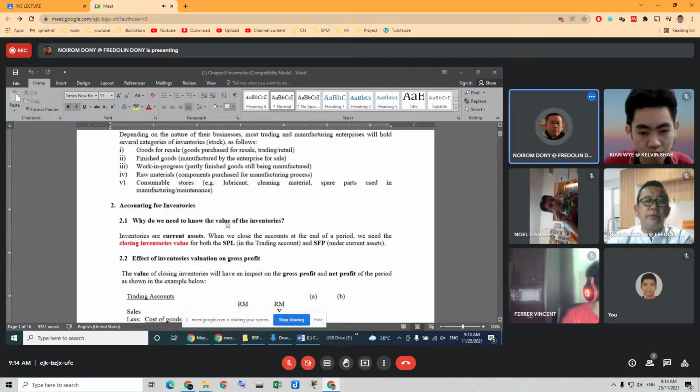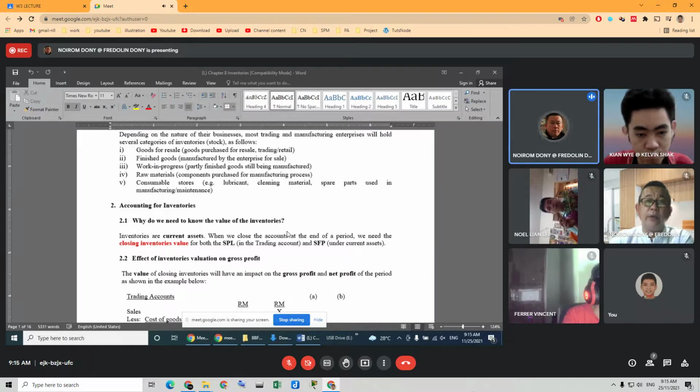Now, we have accounting for inventory, meaning proper procedure. How do we record for inventory? But before we go further, we need to know why we need to know the value of the inventory.